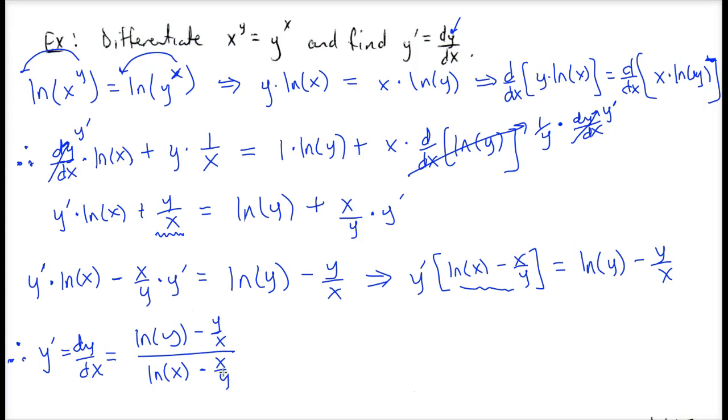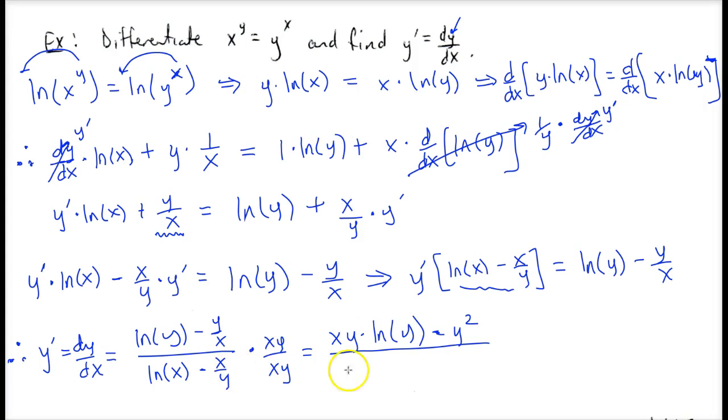And so you could leave it like this. One thing that I am going to do is multiply both the numerator and denominator by the LCD of both of our fractions here, which is just xy divided by xy. And if I did that, then of course this first term in the numerator would be x times y times natural log of y minus, of course, the x's are in common here, so they'll reduce to 1, and I'll just have y squared.